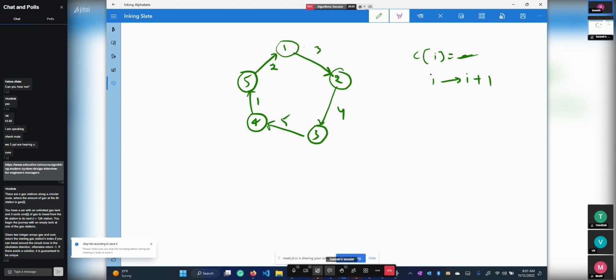I wrote the 3 here, but I should put it here. So this is index 0, right?